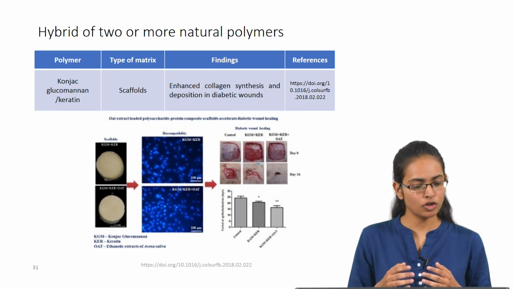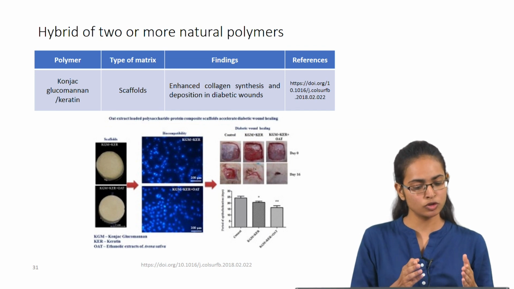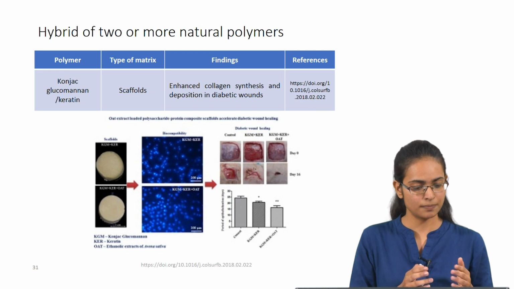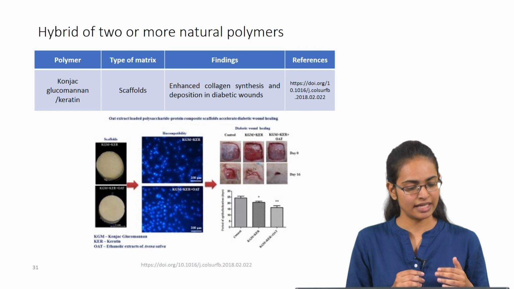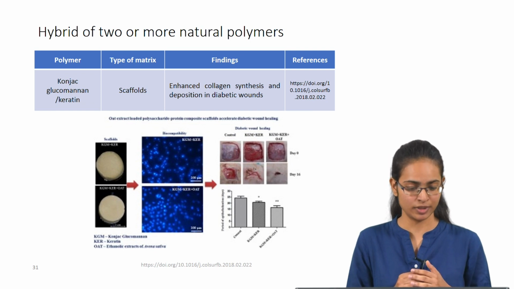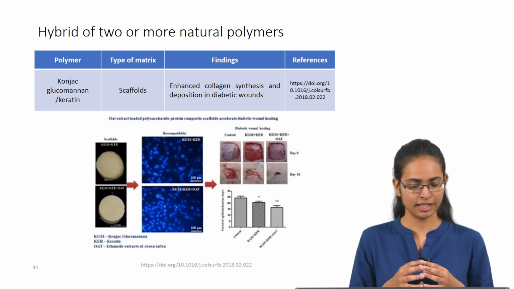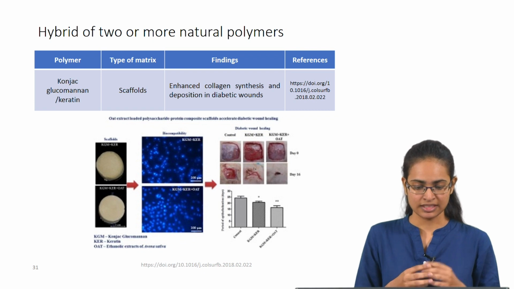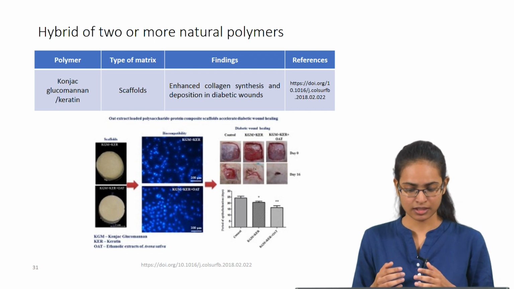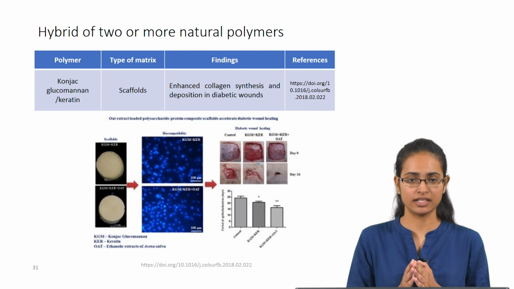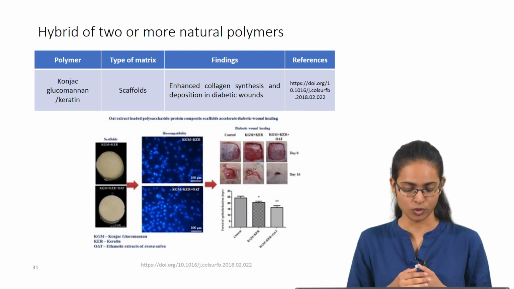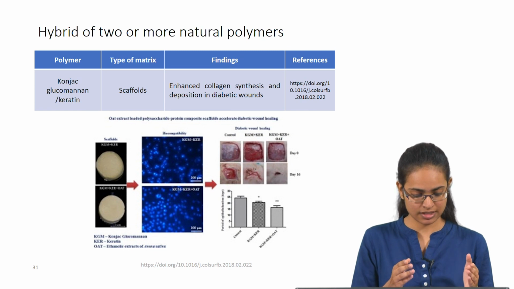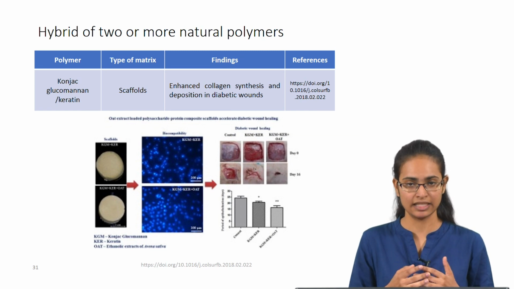Next, konjac glucomannan and keratin. Konjac glucomannan is a polysaccharide based polymer, and keratin is a protein based polymer. The two have been blended to form scaffolds. In an in vivo study, these scaffolds showed enhanced collagen synthesis and deposition in diabetic wounds, and were also shown to be highly biocompatible.